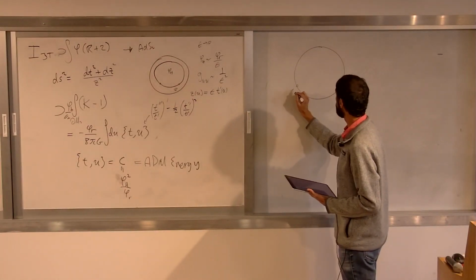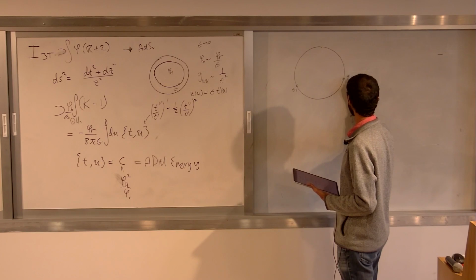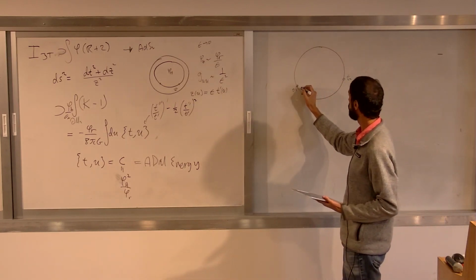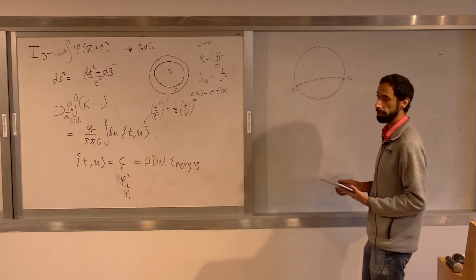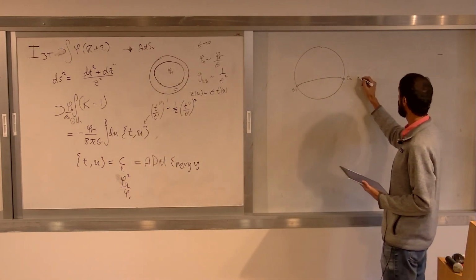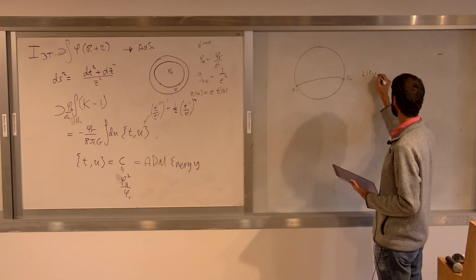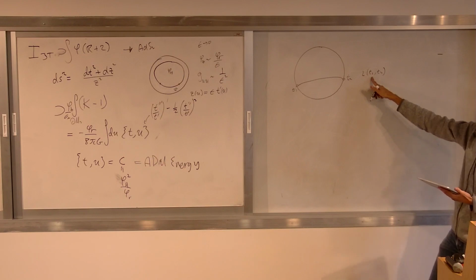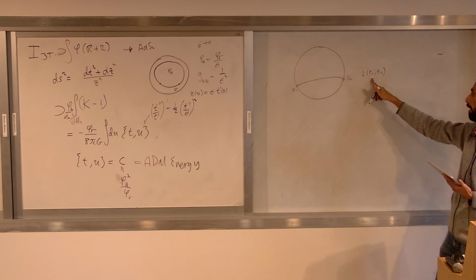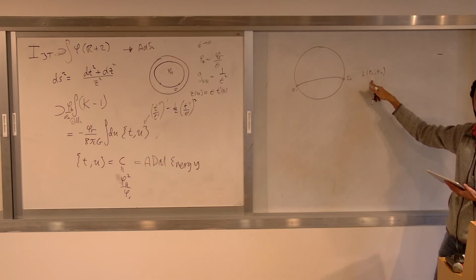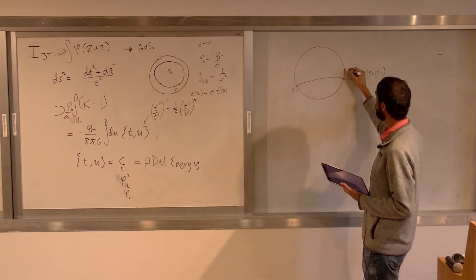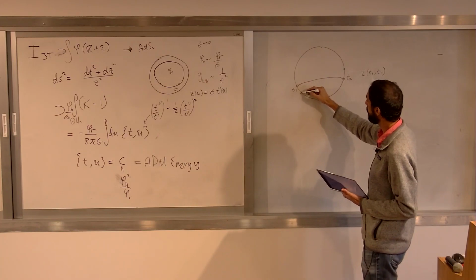Suppose I give you two points here and here, T1 and T2, and let's ask about the length of the geodesic that connects T1 and T2. So there's a length as a function of T1 and T2. Clearly, this is only going to be a function of the difference between T1 and T2, because I can add a little bit to T2 and subtract a little bit from T1.